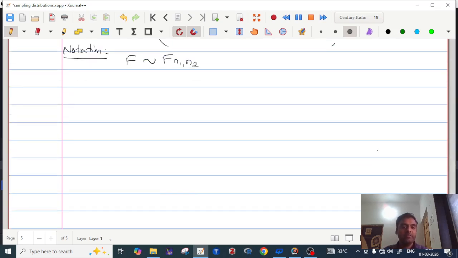Okay, now let's see its characteristics: mean and variance. If F follows F with n1 comma n2, then its mean is n2 upon n2 minus 2, for n2 greater than 2.